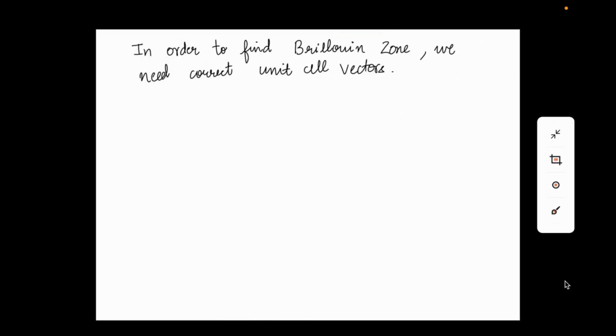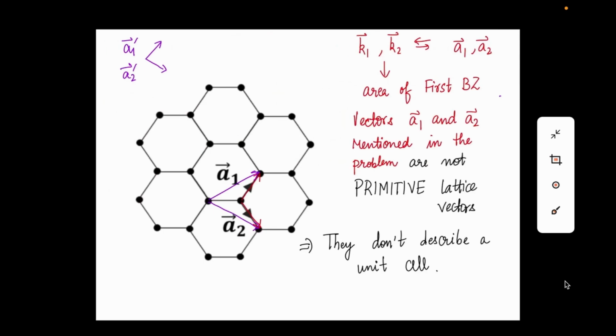Now, if this is your xy coordinate system, how would you write the lattice vector a1?